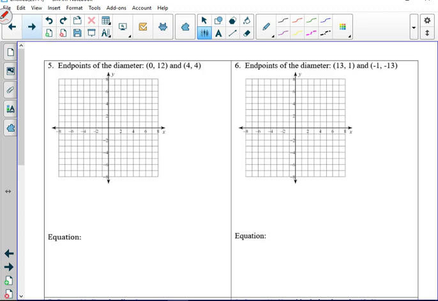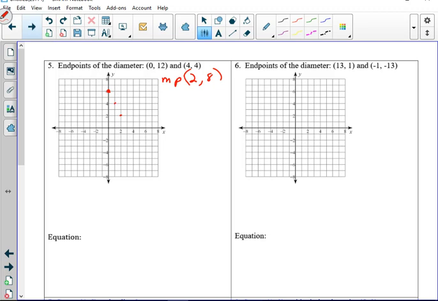Endpoints of the diameter: 0, 12 and 4, 4. So I need to find the midpoint. 4 plus 0 divided by 2 is 2. 12 plus 4 is 16, divided by 2 is 8. So 2, 8, right there.